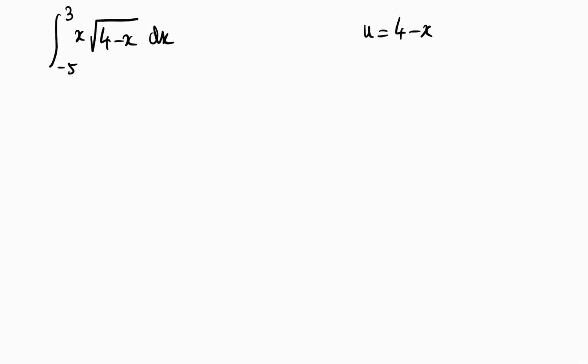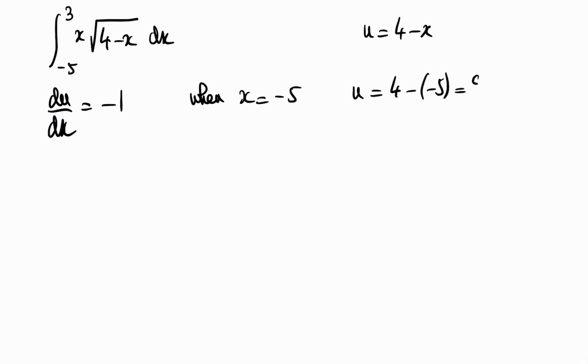So that means that du over dx is equal to minus 1. And let's calculate the boundaries of integration immediately. When x equals minus 5, well, u is 4 minus minus 5, which is 9. And when x is equal to 3, u is equal to 4 minus 3, which is 1.